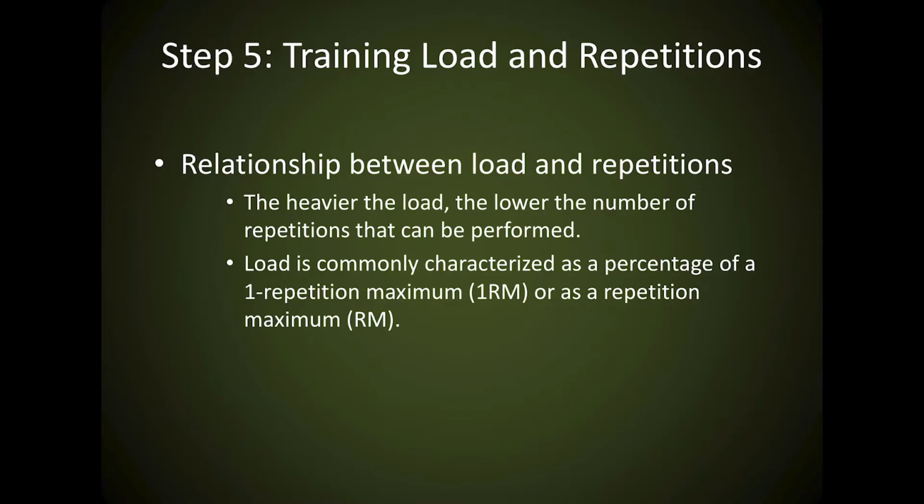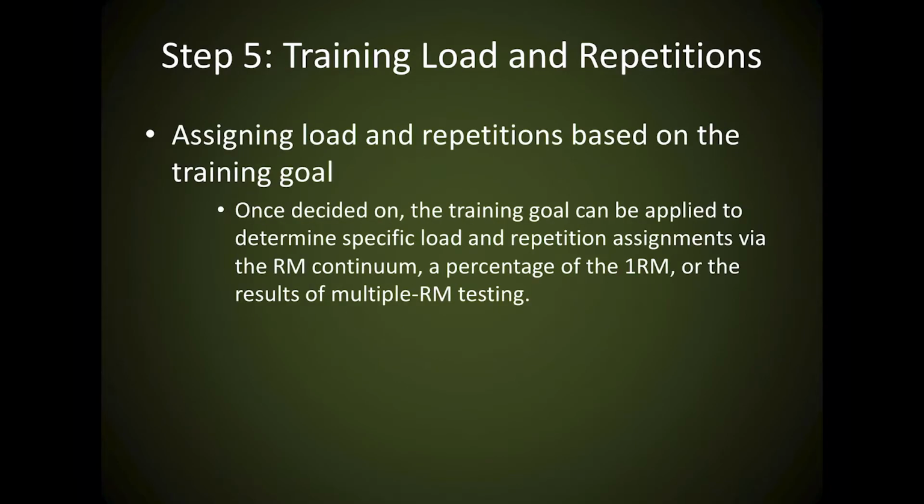No one helped you on the 10th rep. And 1 RM is just by yourself, hopefully with a spotter, and 1 repetition maximum, the amount of weight that you can lift 1 time. So assigning the load and repetitions based upon the training goal. So once that's decided on, the training goal can be applied to determine the actual specific load and also the repetitions via what's known as the repetition maximum continuum, a percentage of the 1 RM, or the result of that multiple repetition maximum.